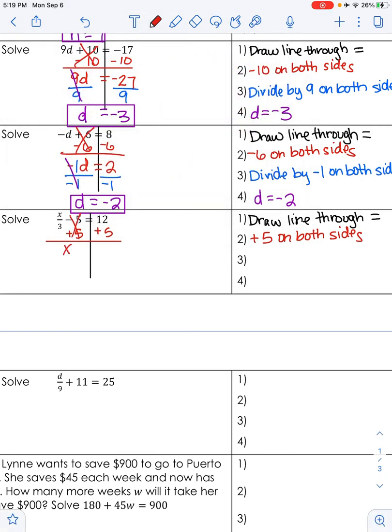So we get x over 3 is equal to 17. Now I'm dividing x by 3, so opposite of division is multiplication, so we're going to multiply both sides by 3.